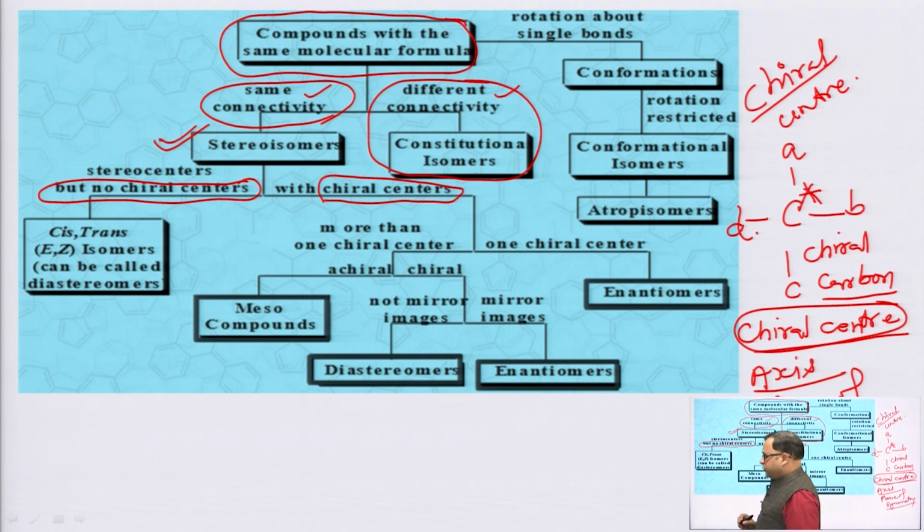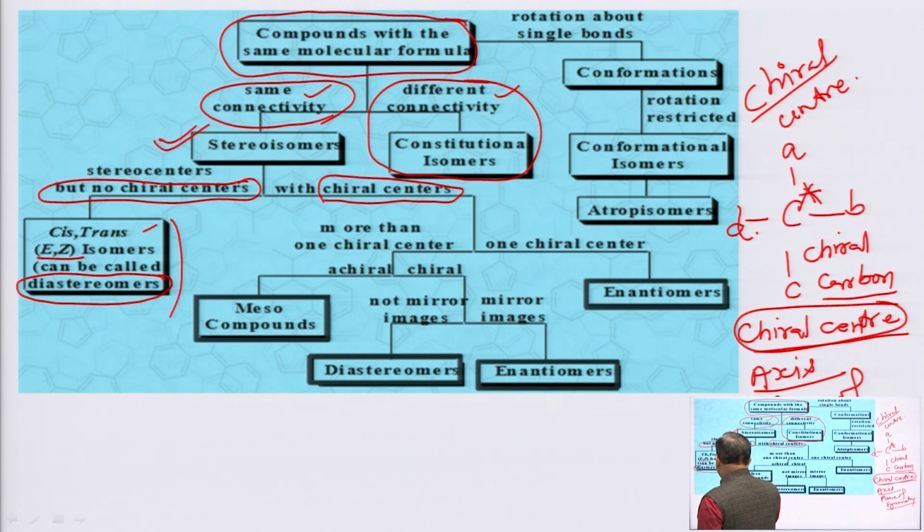Now, if it is without a chiral center, then we call them the stereomers. Means, the stereomers are the stereoisomers without a chiral center. So, they can be cis or trans, E or Z. This type of isomers are called the stereomers.